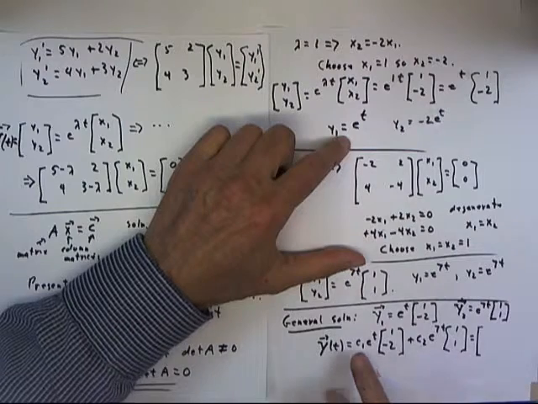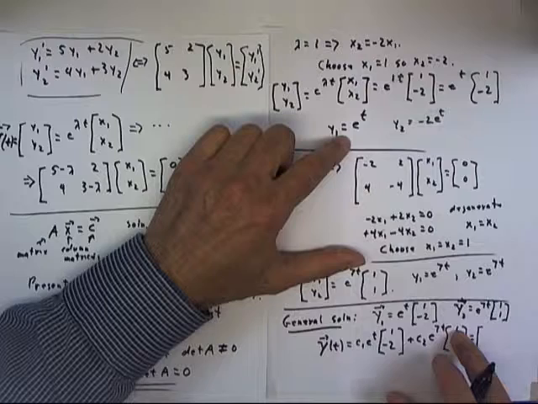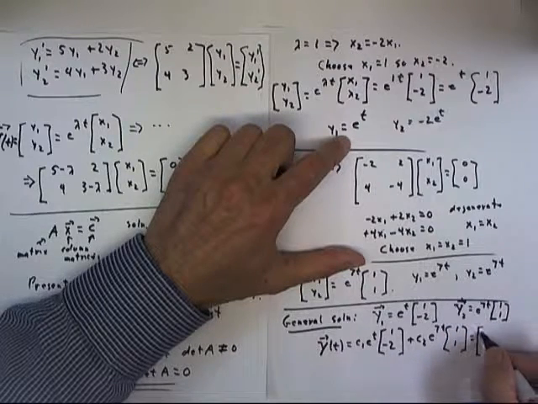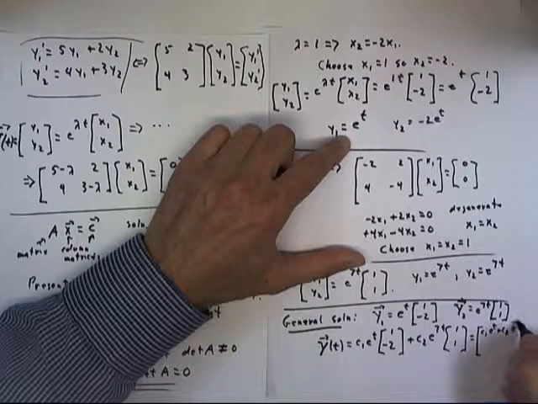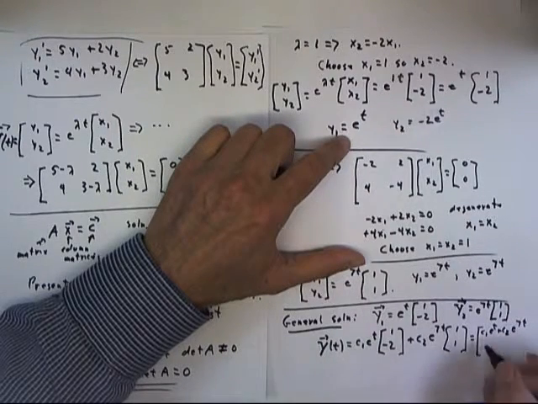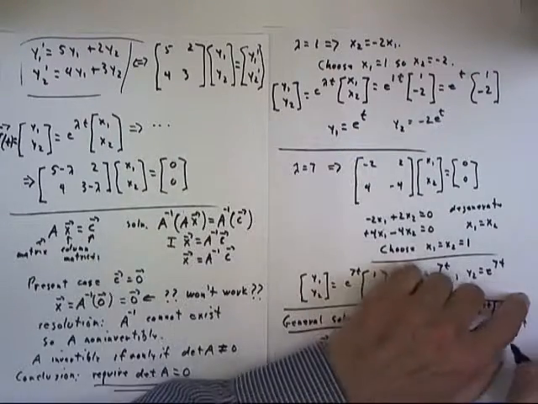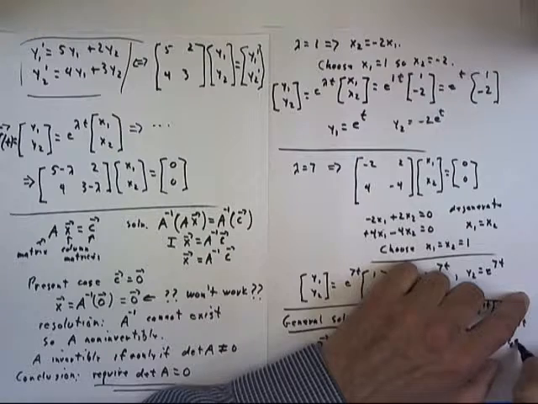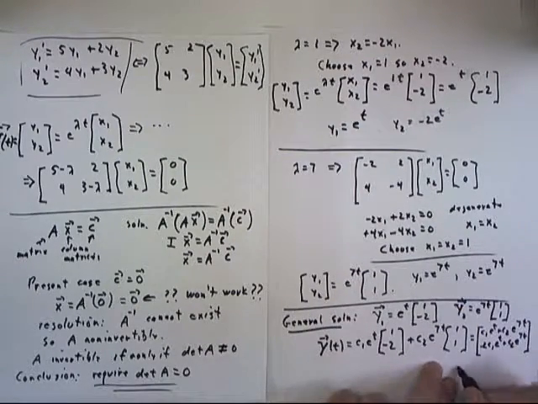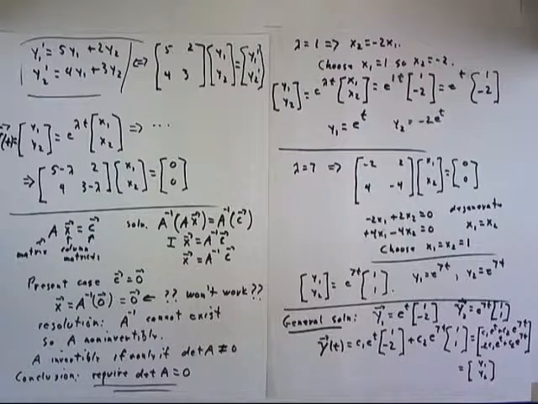And if I multiply these out, I'm going to get c1 e to the t here, c2 e to the 7t here, and negative 2 c1 e to the t plus c2 e to the 7t here. And that's going to be another y1, y2 column vector.